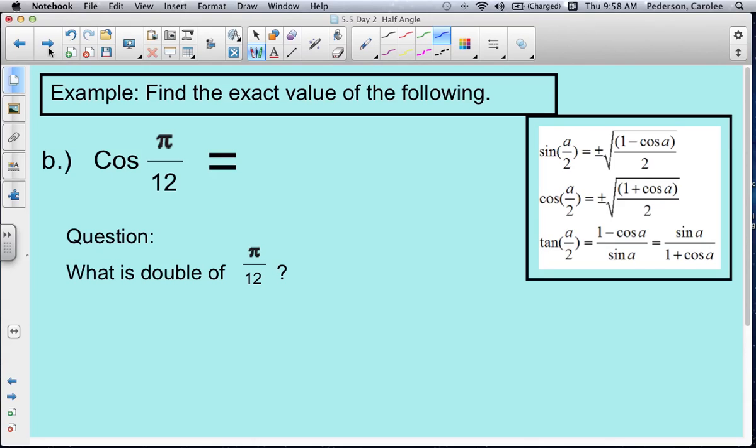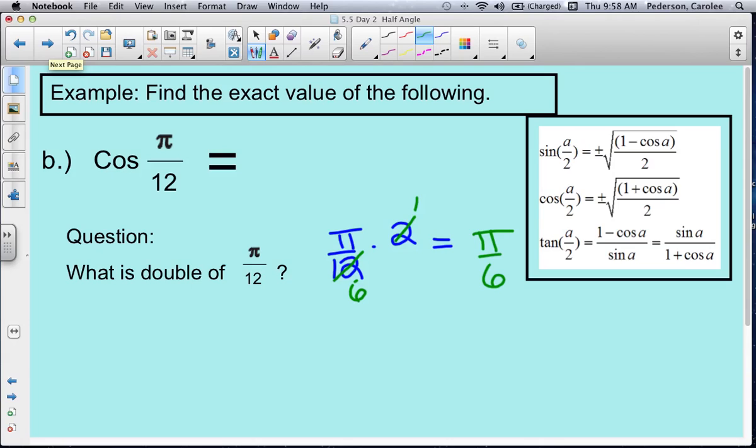This is where they get tricky, when you have these radian measures, because you're working with fractions. My recommendation is just multiply it by 2. What do we do with that 12 and that 2? Can I reduce it? Yep, to a 6 and a 1. So pi over 6 is the double of pi over 12.